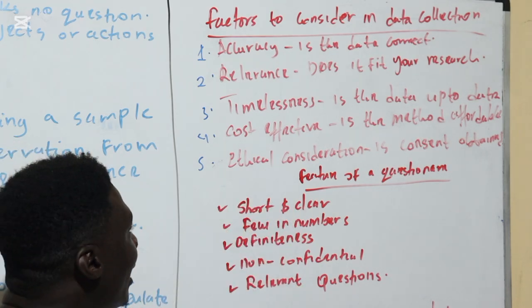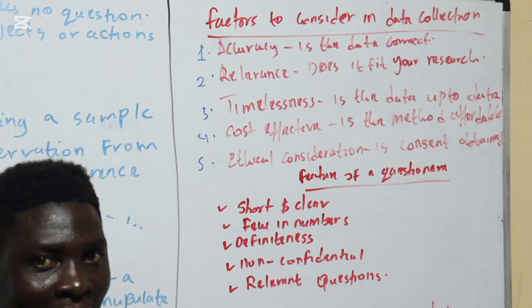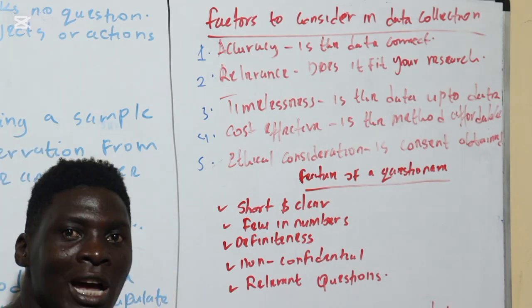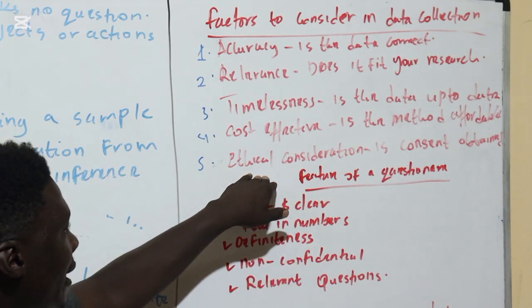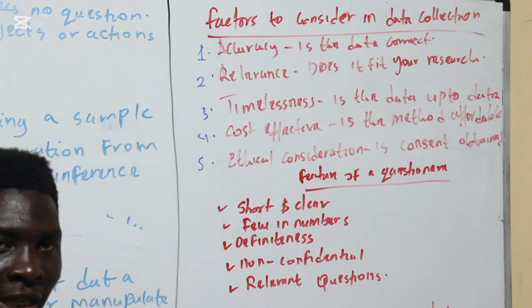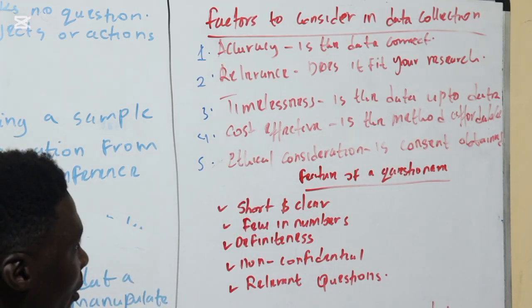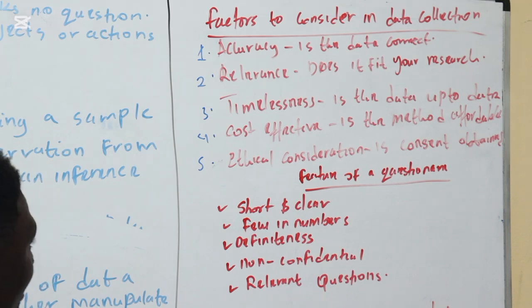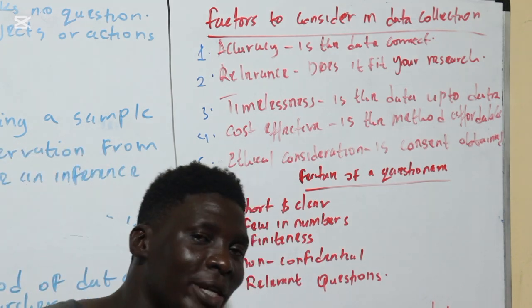So always consider the consent of the owner of the data, the consent of the government or the law authorities or the relevant bodies that protect the data, the data protection agency. Their consent must be obtained.